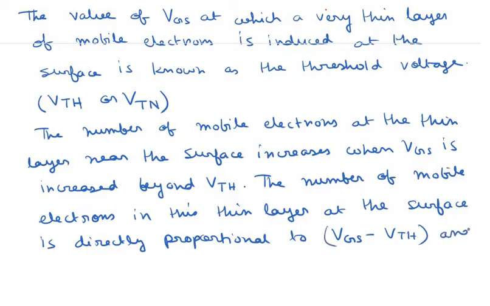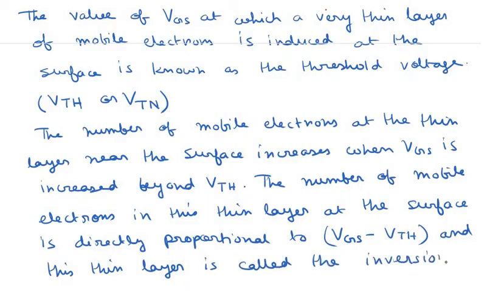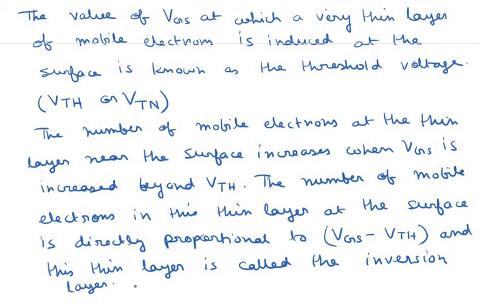And this thin layer is called the inversion layer. This thin layer is known as the inversion layer or the channel of the MOSFET.